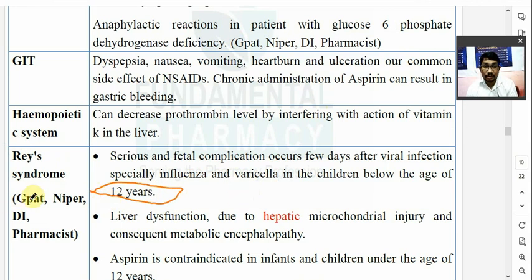There is a development of Reye's syndrome. So what happens in this?